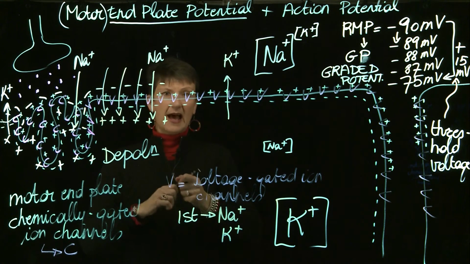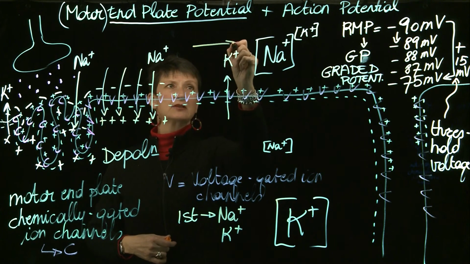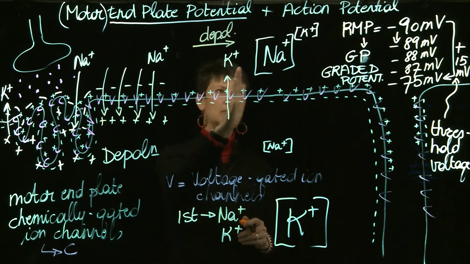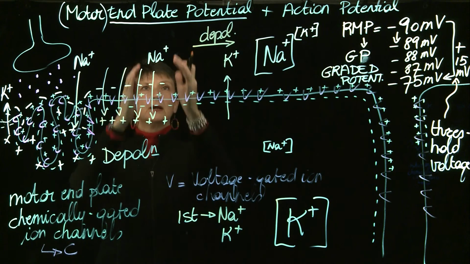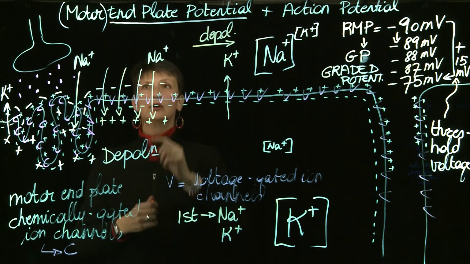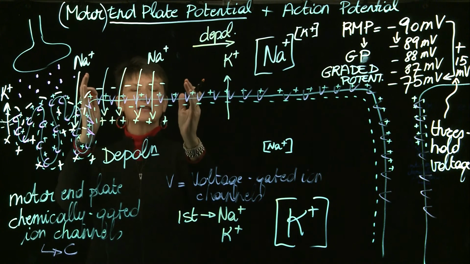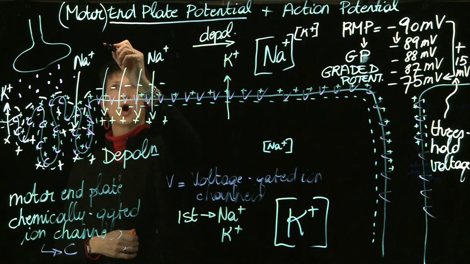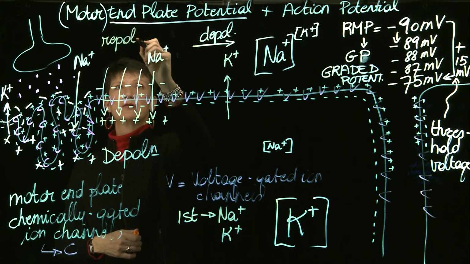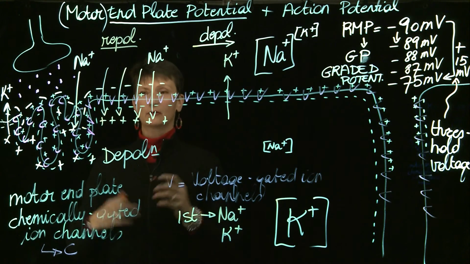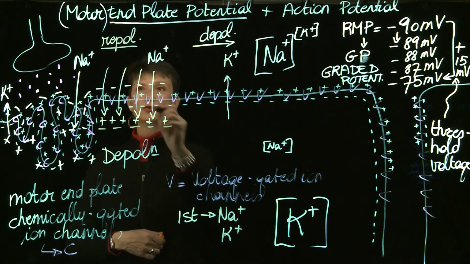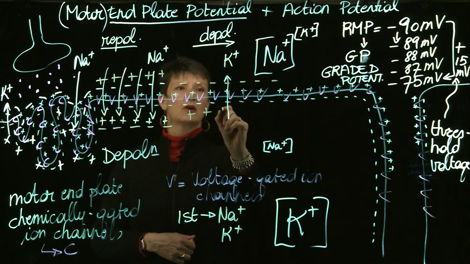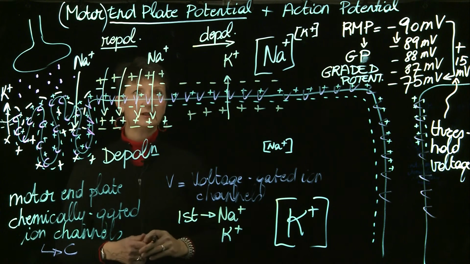So as we're continuing to depolarize in this direction, because we continue to open up sodium voltage-gated ion channels, on its tail of depolarization, we're going to see that the sodium voltage-gated ion channels in this area begin to close, and instead the potassium voltage-gated ion channels open, and we therefore see the process of repolarization occurring. And of course that would mean that we return back to resting conditions, while the rest of the sarcolemma is becoming still depolarized.